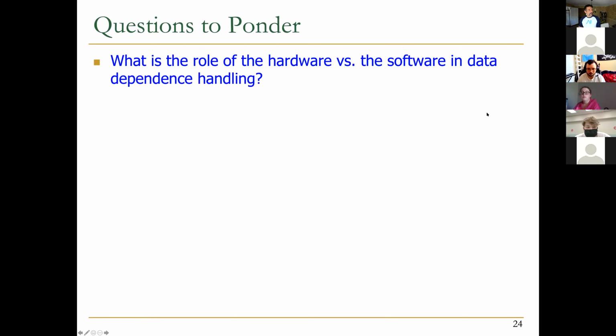Some aspects that you also need to ask and think about, because some of these issues and the solutions that we have discussed could be handled, as we discussed last time, at the hardware level or at the software level. Hardware level means that we need to add some logic gates to the hardware. Actually, all the solutions that we discussed were implemented at the hardware level.